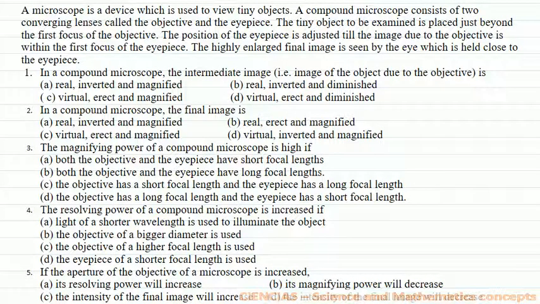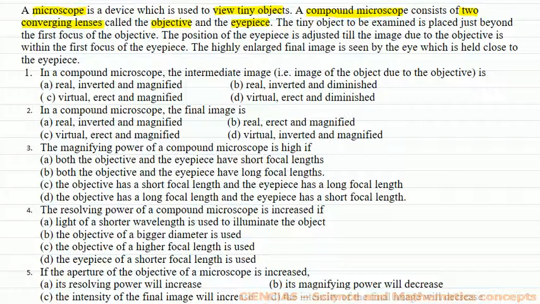Hello students, here we are solving the question which is based on case study. The question is, a microscope is a device which is used to view tiny objects. A compound microscope consists of two converging lenses called the objective and the eyepiece.